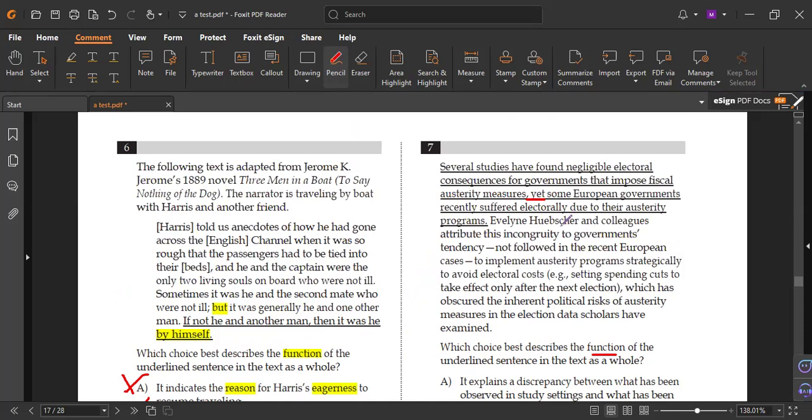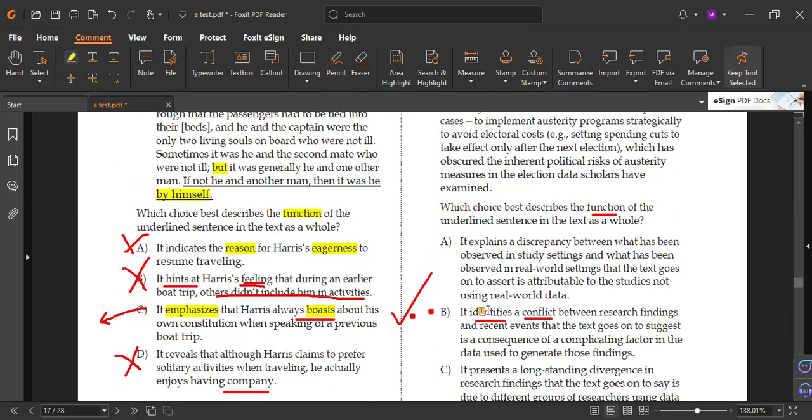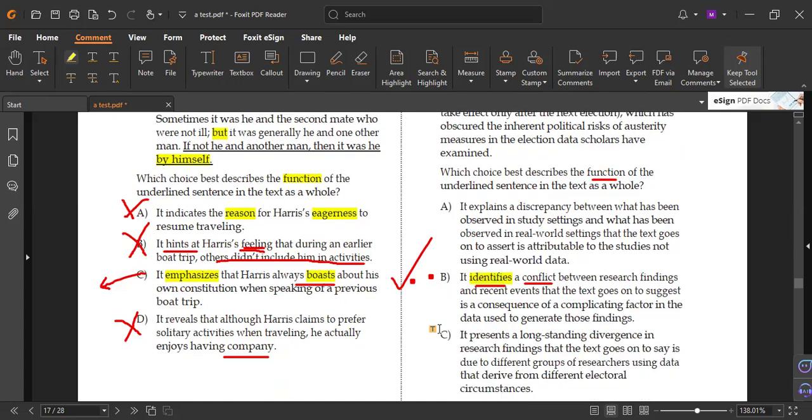Do you feel it? Let's find. "Several studies have found negligible electoral consequences for governments that impose fiscal austerity. But European governments suffered." And yet, so it means opposite ideas. It identifies, elaborates, explains a conflict indeed.